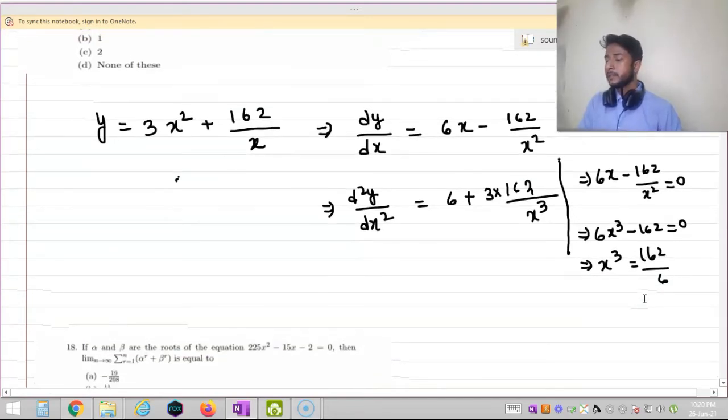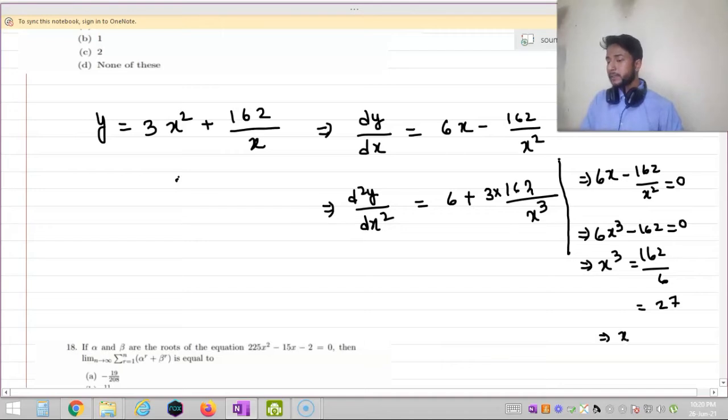If you divide 162 by 6, we get 27, so x cube is 27 and the value of x is equal to 3. I am considering the positive value.